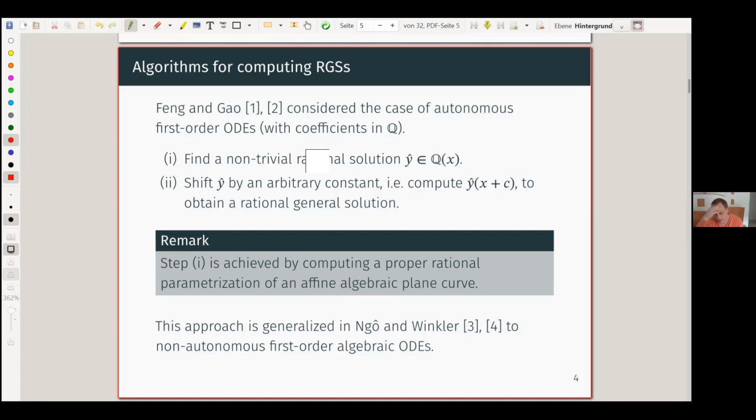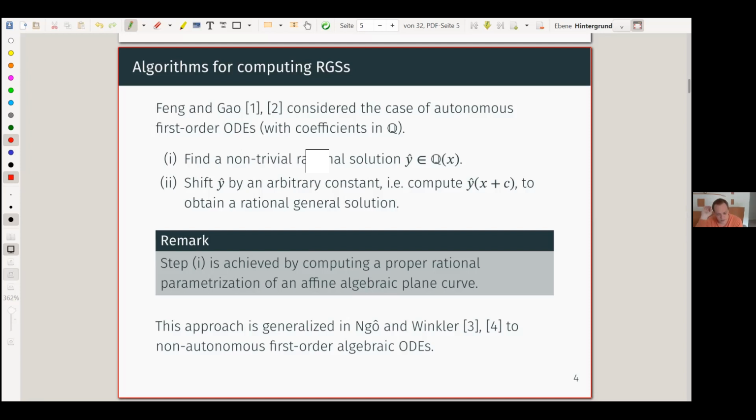And basically this started after a paper by Feng and Gao, where they used the kind of techniques that we were developing here previously. In this paper, it's from 2004, the first, and 2006, the second.